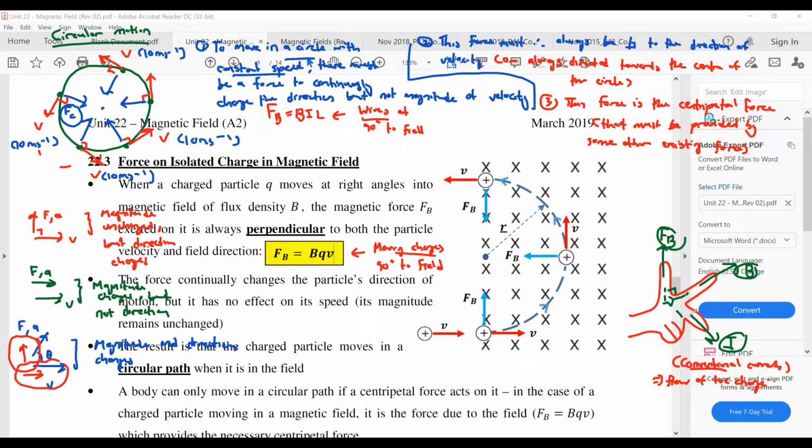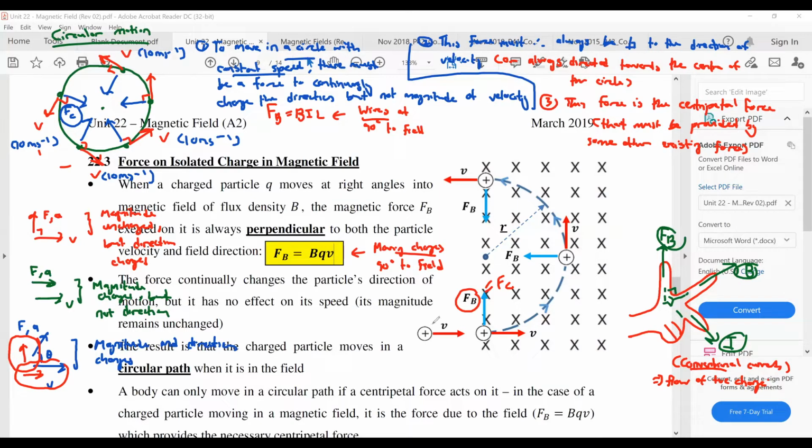So your direction of motion or velocity is always perpendicular to your force. It will always be moving in a circle. Your magnetic force here is acting as your centripetal force to allow your charge to move in a circle.